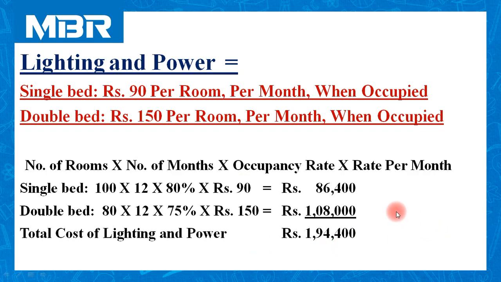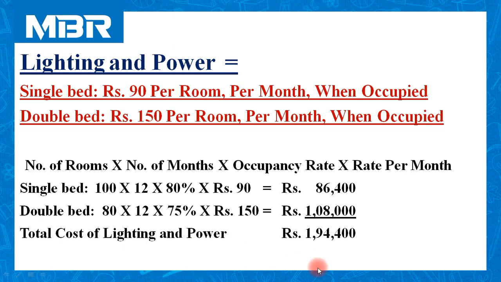Focus on this calculation very clearly. Whatever the things that we need to calculate amount of lighting and power cost is given to us in our question. We need to interpret informations given in the sentence very clearly. I hope everybody is clear with this calculation.